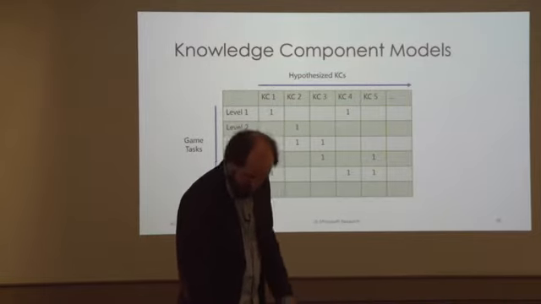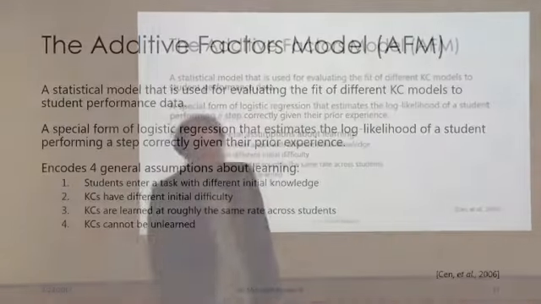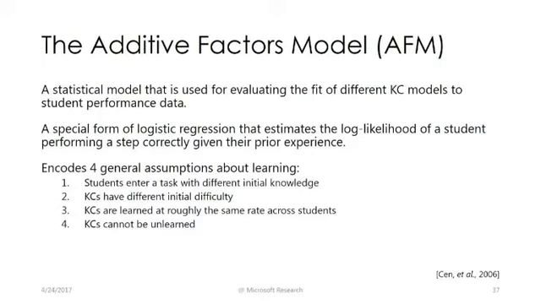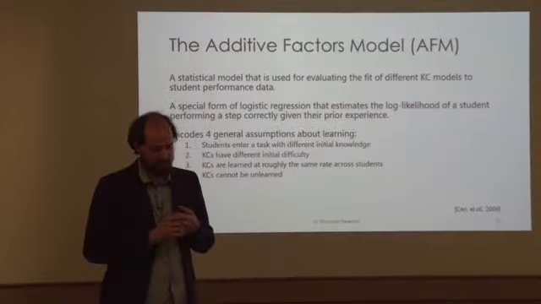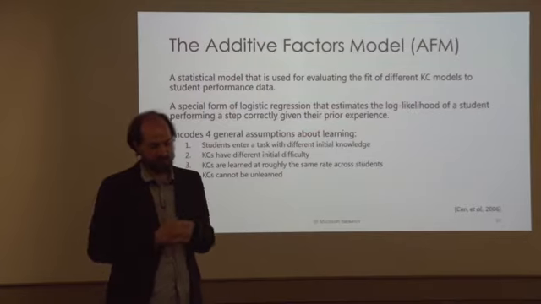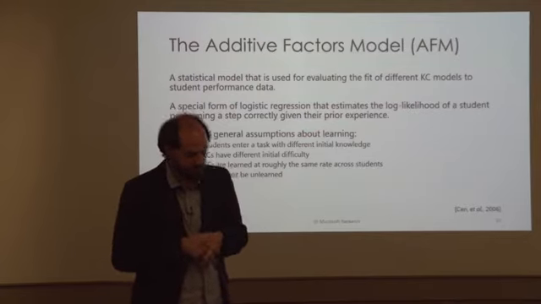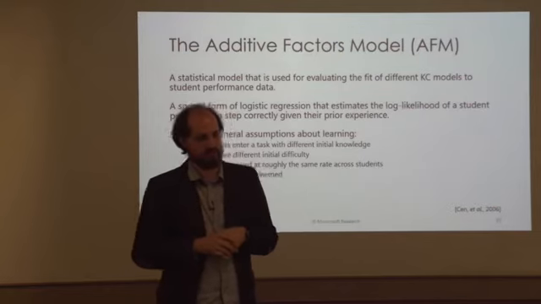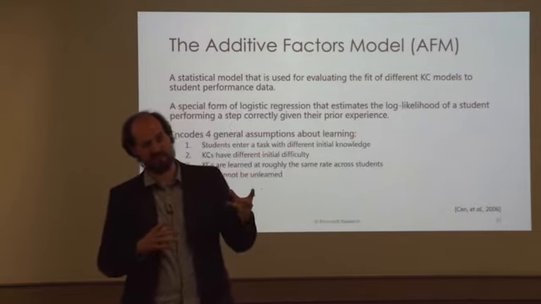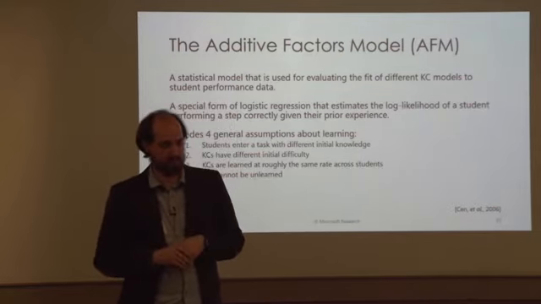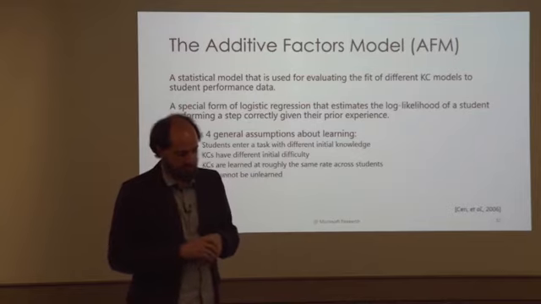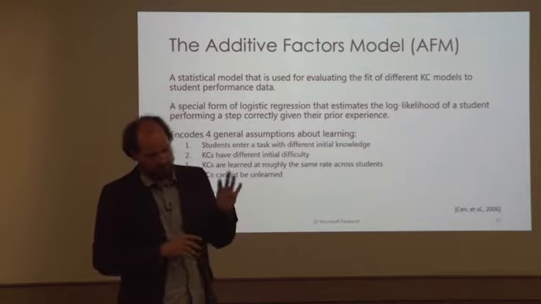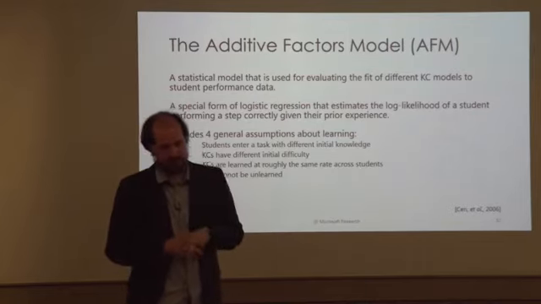You can take this with some real student data and fit the additive factors model, which is possibly the most unhelpfully named regression model ever. It's a statistical model used to evaluate the fit of different KC models to student performance data. Essentially, it's a special form of logistic regression, an elaboration of item response theory, if you're familiar with that at all. It encodes four general assumptions about learning.